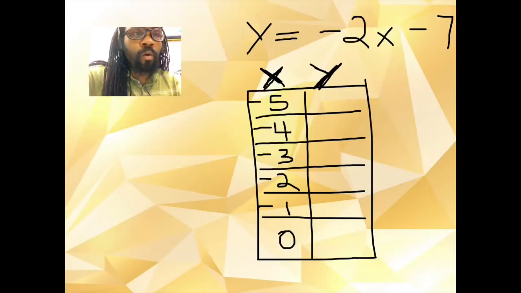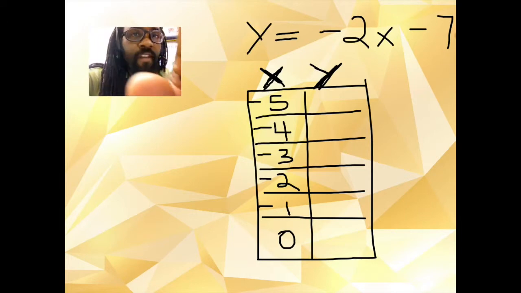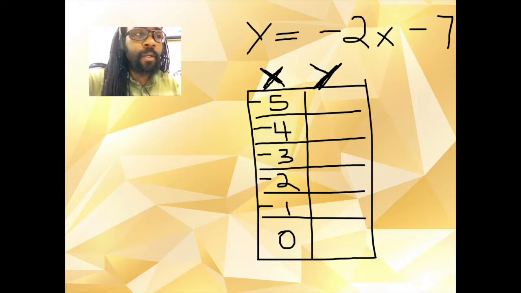Great. Right, kids, we're going to plug these x values into this linear function. We have y equals minus 2x minus 7. Realizing that this is our slope, if we're going to draw a line, this is our y-intercept. Let's plug it in. So we've got minus 5 times minus 2.